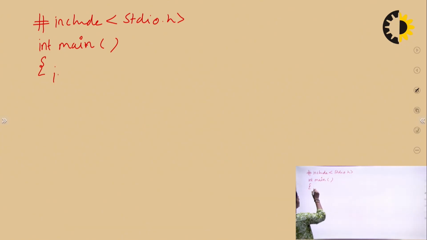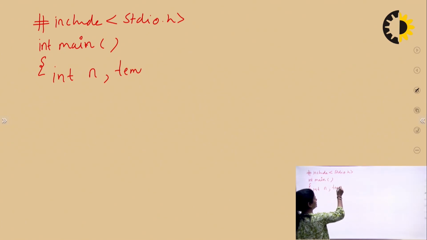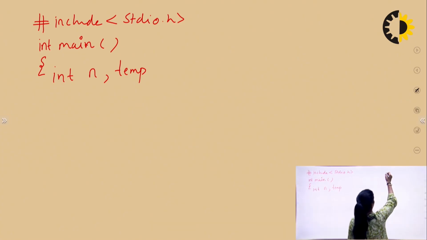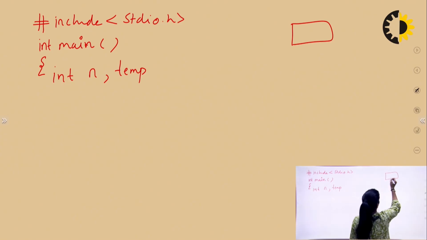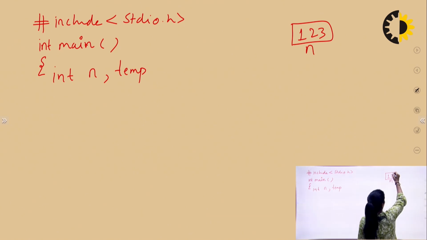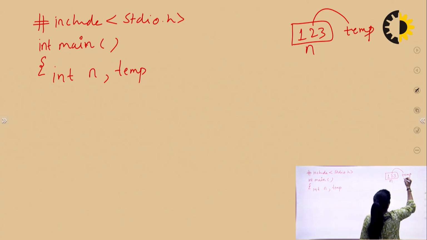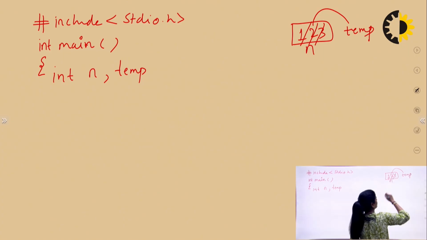Now here declare the variable. First n is the number which is come from the user. Now second variable is temp variable. Why temp variable is declaring here? Because if user can enter 1, 2, 3, this is n. If you are not assigning the temp variable, now every change come in n number.